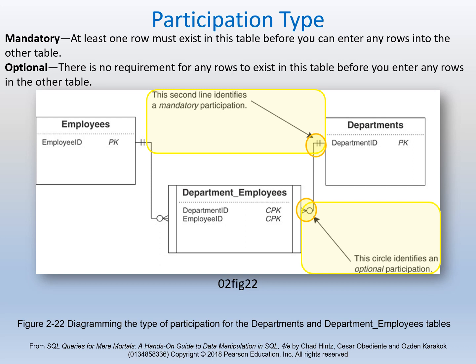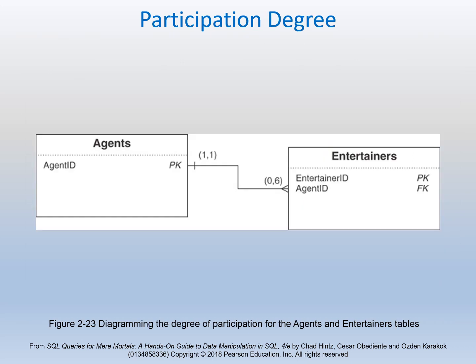For the examples, the second tick mark indicates mandatory or required. The circle indicates optional.